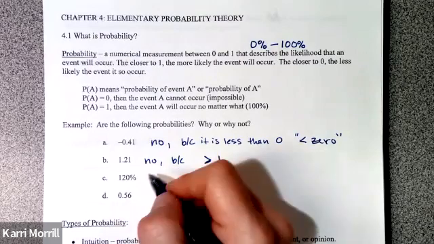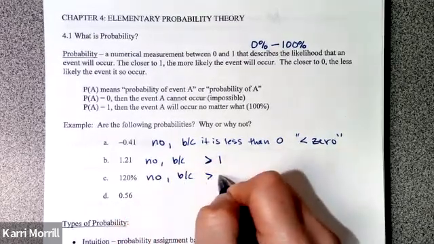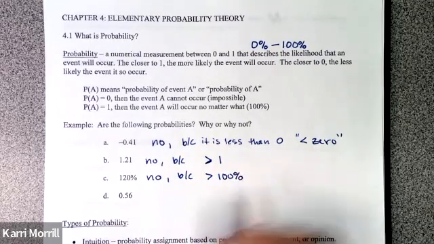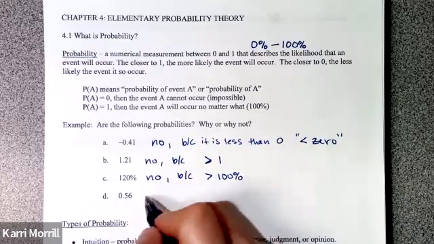Part C, I would say no, because that one is greater than 100%, right? It has to be between 0 and 1, or 0% and 100%, depending on whether it's in decimal or percentage form. And then part D, we would say yes.